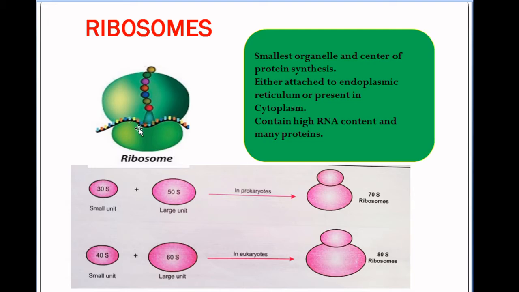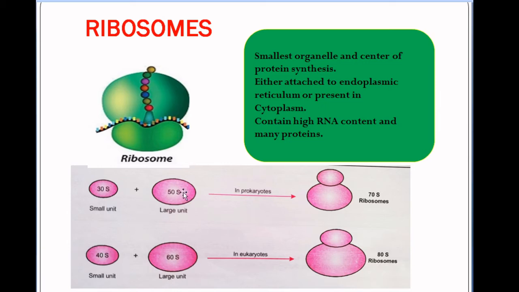Each ribosome consists of a smaller and a larger subunit, but their composition is different in prokaryotes and eukaryotes. In prokaryotes, ribosomes are 70S, with a smaller subunit of 30S and a larger subunit of 50S. And in eukaryotes, the ribosomes are 80S, with a larger subunit of 60S and a smaller subunit of 40S.